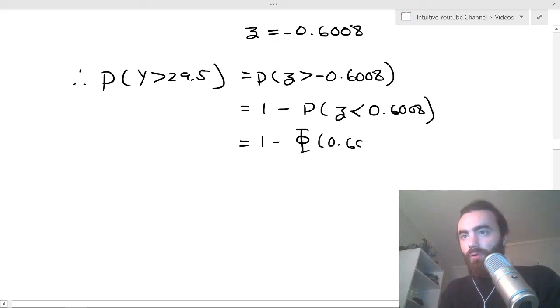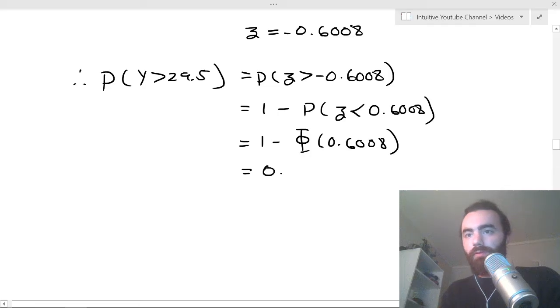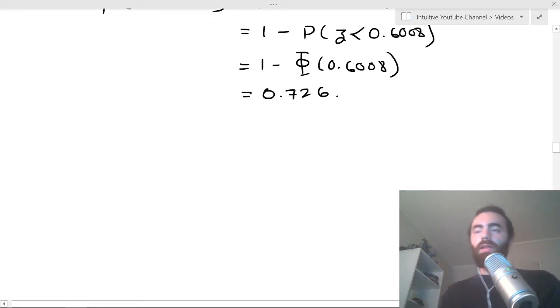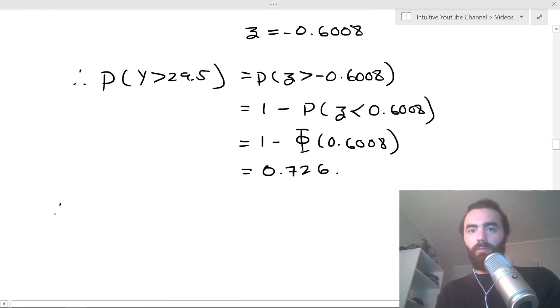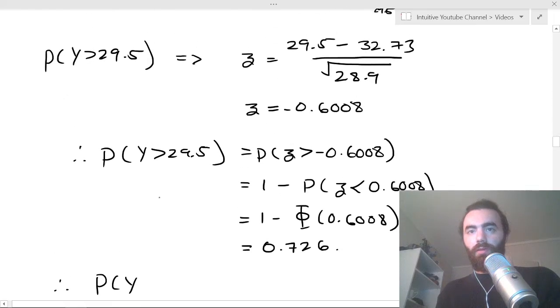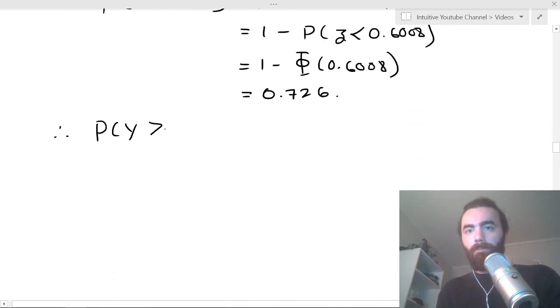I looked at this before, so I don't have to keep going to the table. And this is equal to 0.726. So if you look up this value on the table and do 1 minus that, you'll get this. So that means that the probability that Y is greater than or equal to 30 is equal to 0.726.